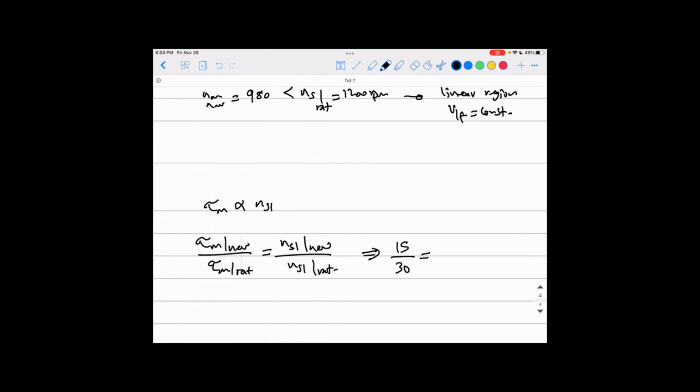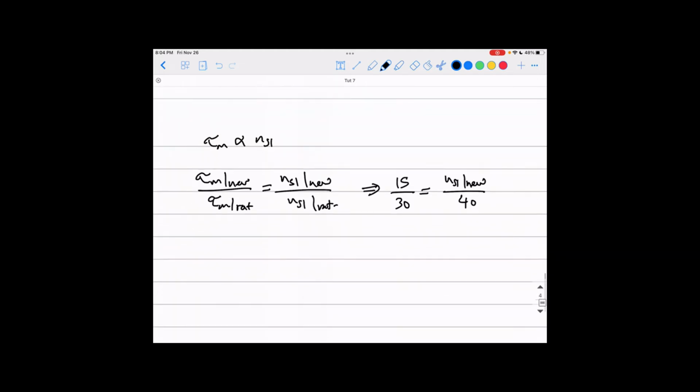The N slip new divided by the N slip rated, we calculated it to be 40, if you remember, okay? And that means your N slip new can be calculated directly to be 20 RPMs, okay?